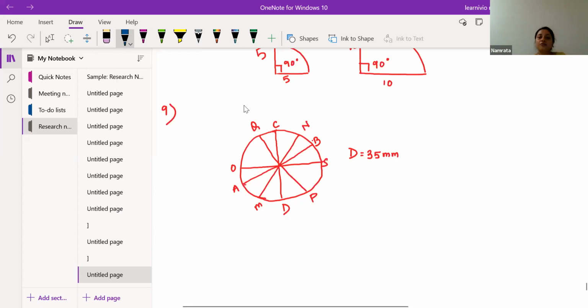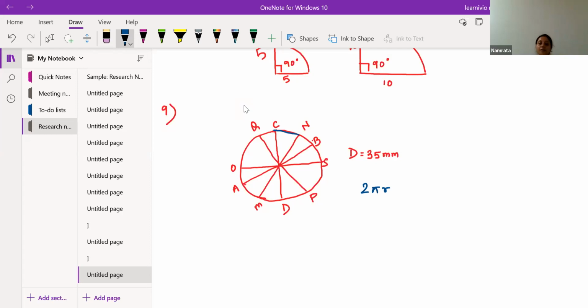Just like we have used wire to make the brooch, we have used the wire to make the circle, and then we have also used the wire to make the diameters. Can you see it? If you are using a wire to make the circle, that means 2 pi r is the total length of the wire.